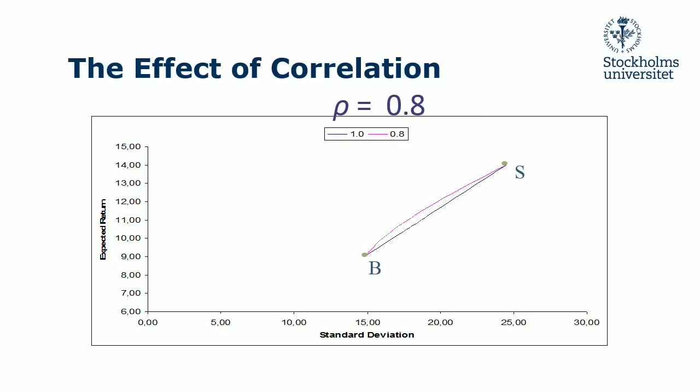It's not a straight line anymore. But we're not going to get that pattern that we got before. We don't get either any sort of bending to the left that would allow us for clear diversification gains such as the ones that we have depicted before.